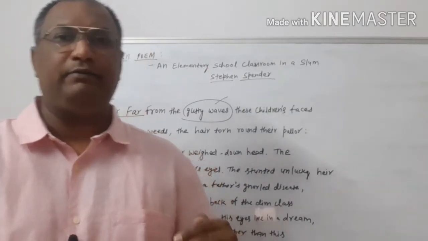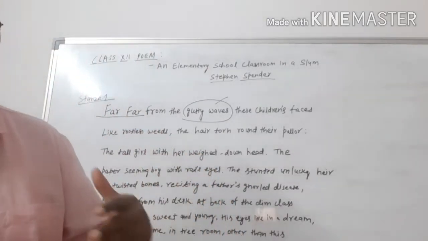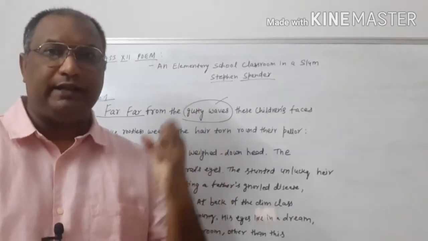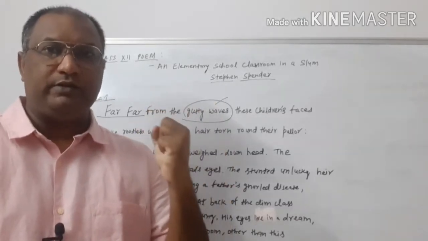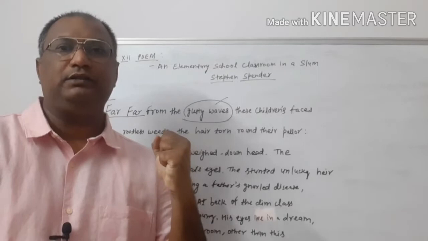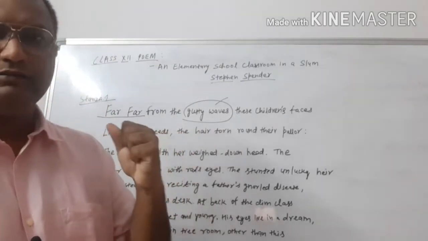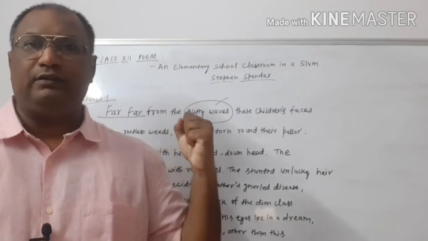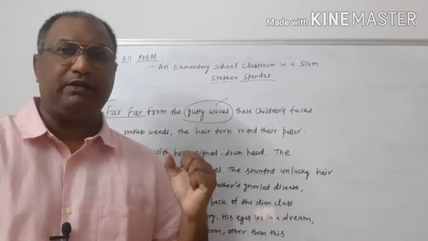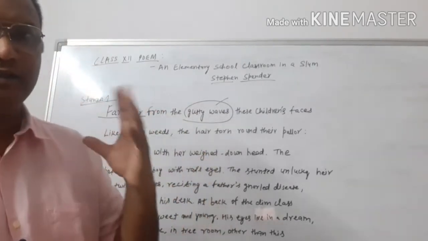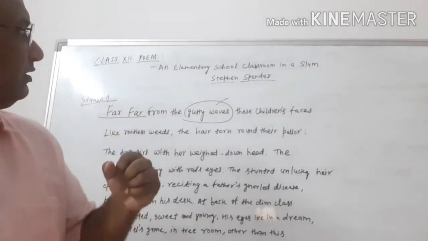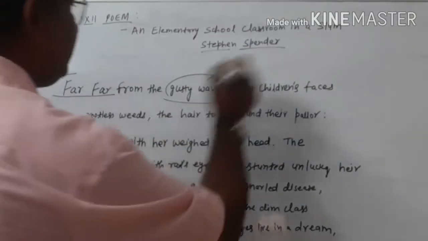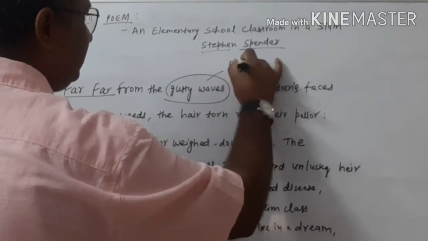Privileged children are full of energy because they have that exuberance in them. They are not malnourished, that's why they are energetic. They are very enthusiastic about things because they have all the accessibilities around them. So gusty waves refers to the privileged children.